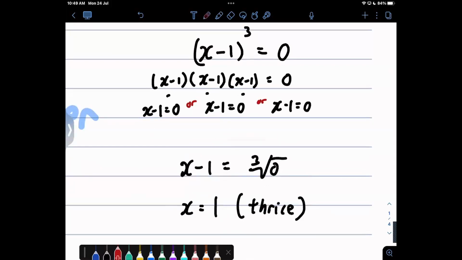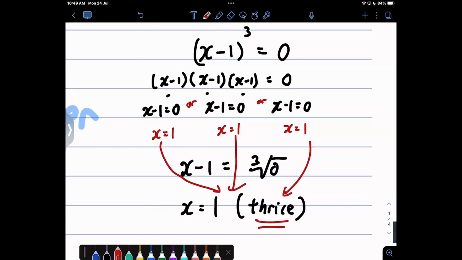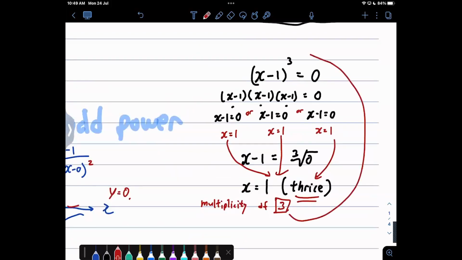So we say that it has a multiplicity of 3. Essentially 3 is like the power here. I think that's what the video meant. It's just the power. Don't need to think so hard.